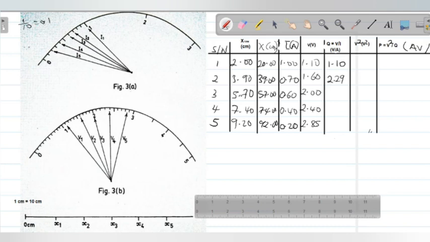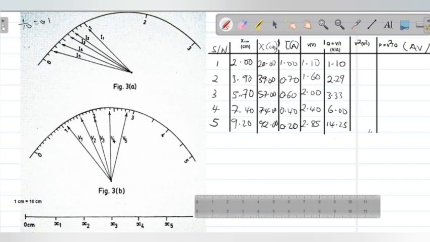Then 2.00 divided by 0.60 gives 3.333, so I'll take that to 2 decimal places. Then 2.40 divided by 0.40 gives 6.00. Then 2.85 divided by 0.20 gives 14.25.